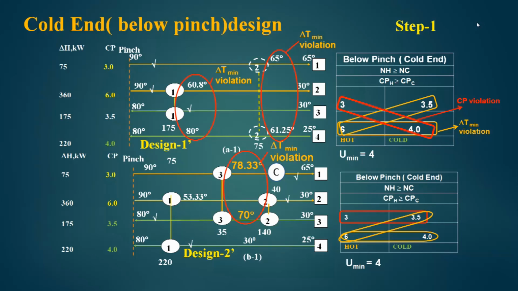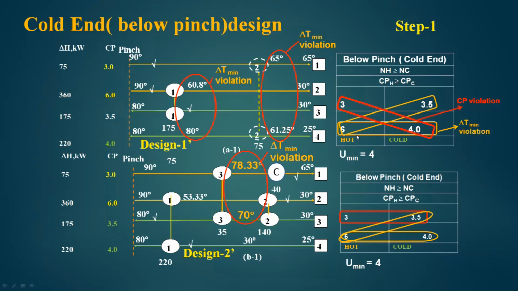Let us check another alternative for the cold end design and let us check whether this alternative is feasible or not. The design 1 dash shows another alternative for the design of the cold end.